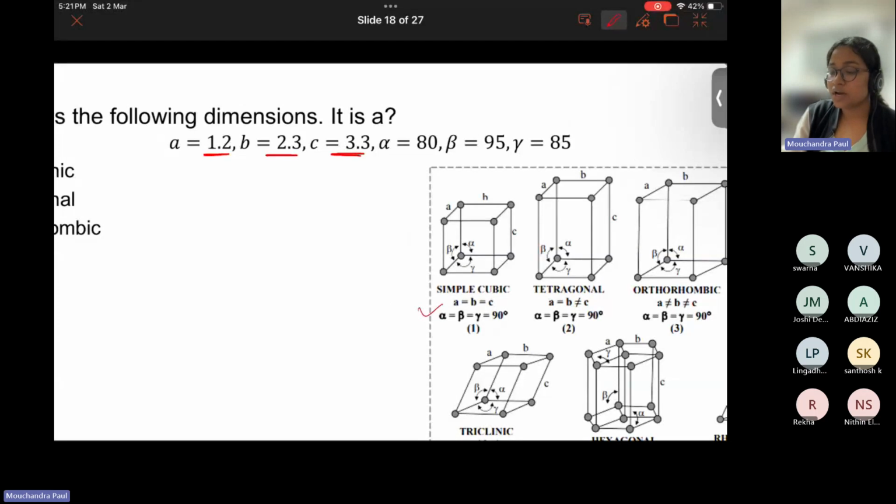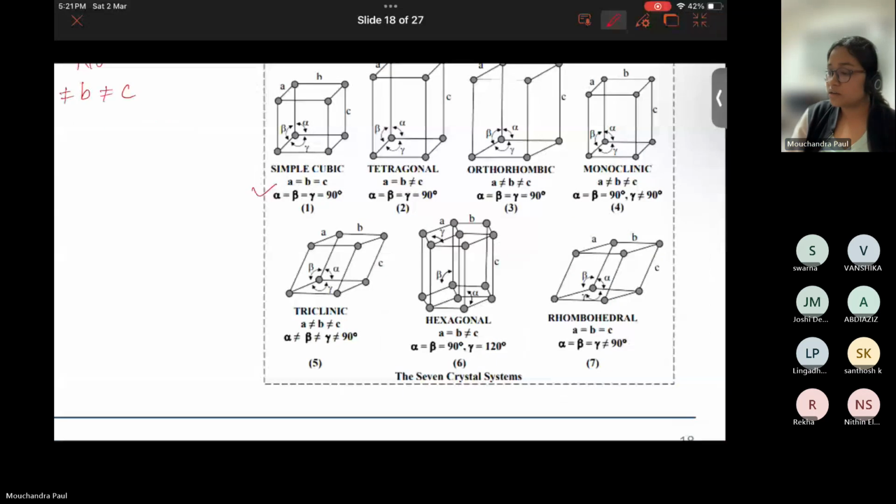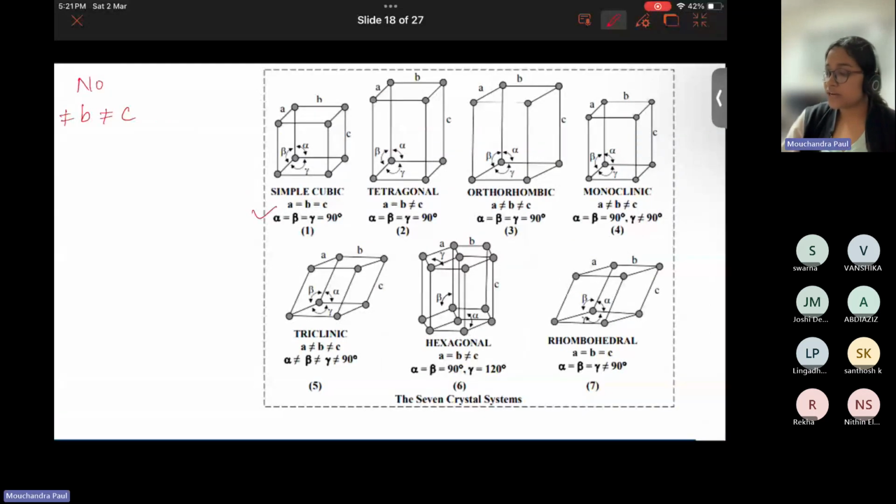First question, are these three values equal? The answer is no. A is not equal to B, B is not equal to C. Then go back to the diagram: this relationship holds for orthorhombic, monoclinic, triclinic. Only these three types have all three axis values unequal.